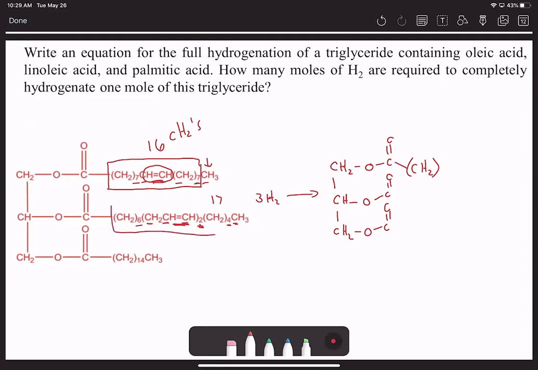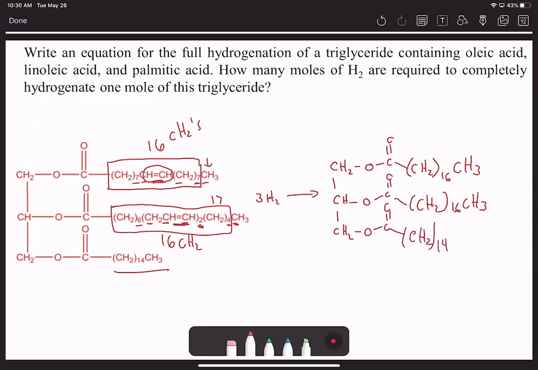So from here to here, I have 16 CH2s and 1 CH3. And then I'll just rewrite this down here because nothing happened to that.